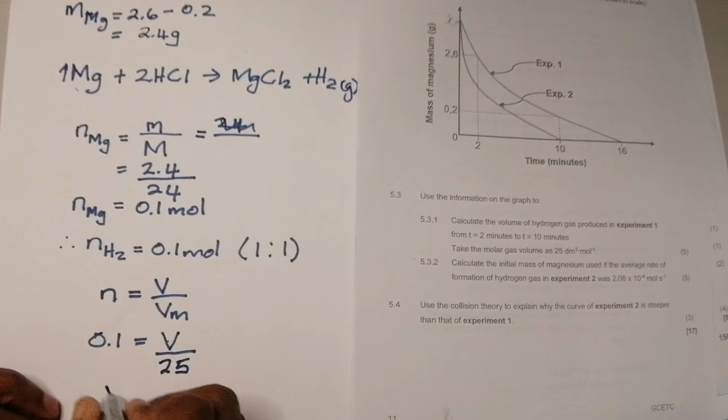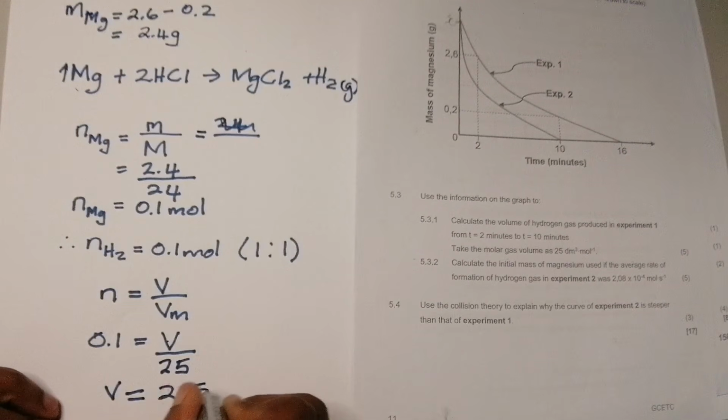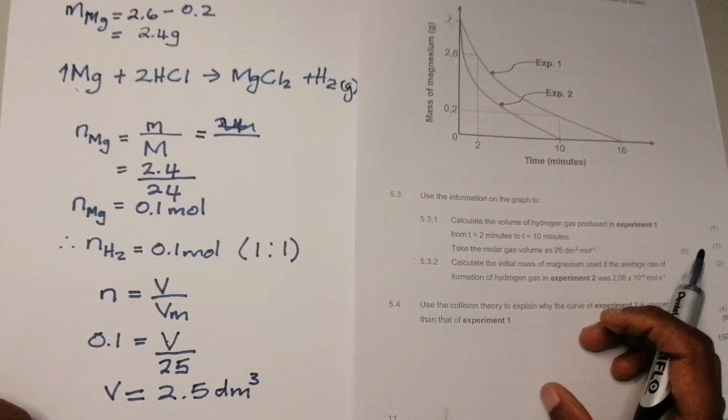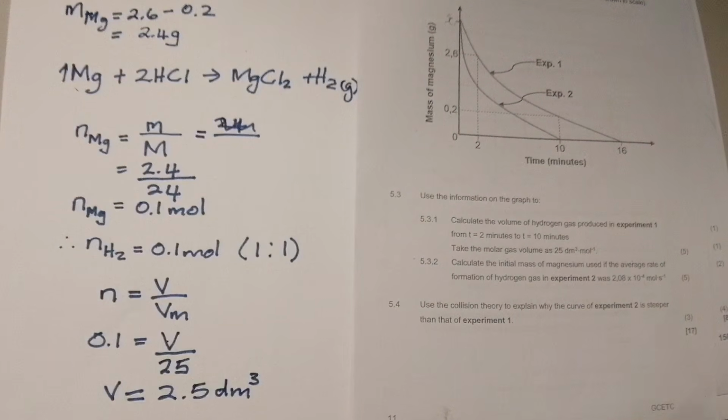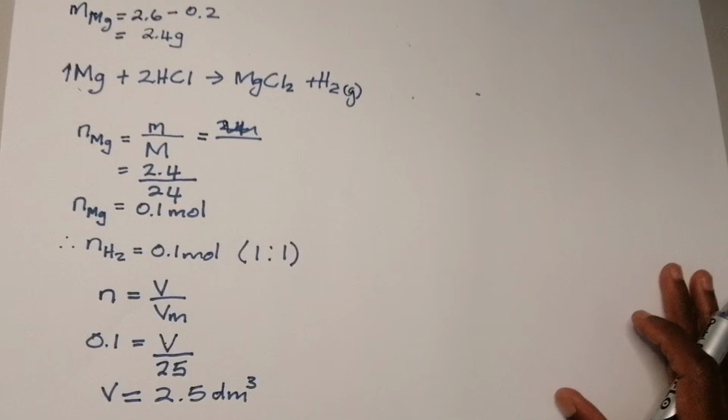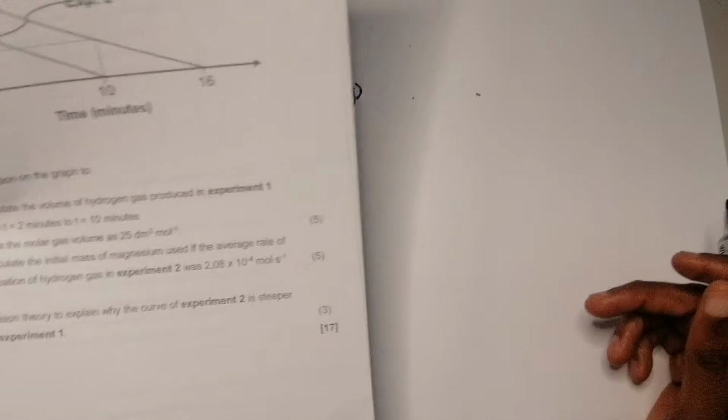All we need to do, ladies and gents, is say 0.1 times 25. This becomes 2.5 cubic decimeters. So the volume of hydrogen that would be produced is 2.5 cubic decimeters. I hope that made sense. All right, let's go to the next question.